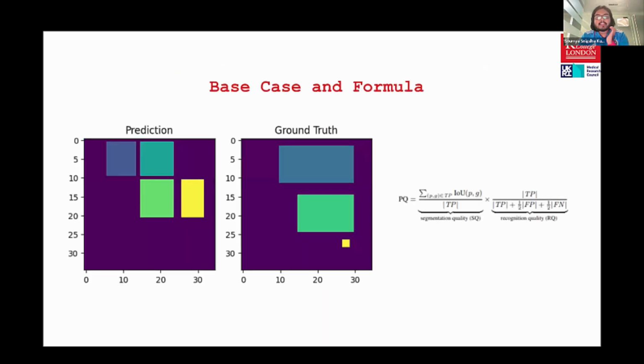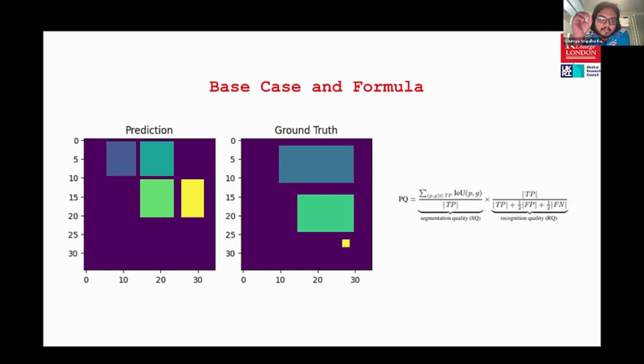So as you can see, this is the case we'll be going with. There are four instances of predictions, three instances of ground truth, and the panoptic quality formula over here. If you notice, for the segmentation quality in the numerator, what you see is the intersection over union of the specific instances.